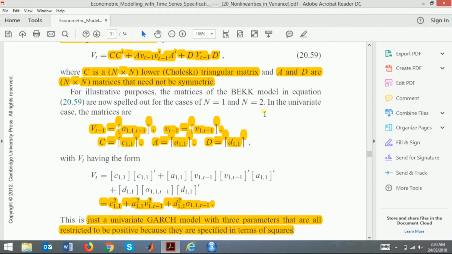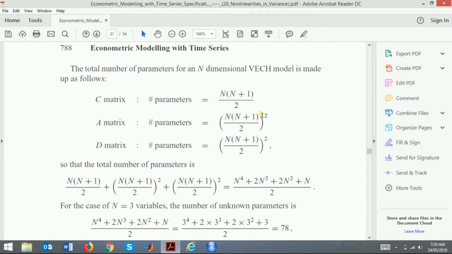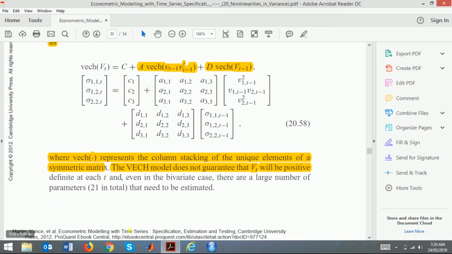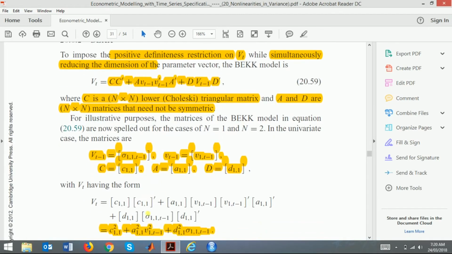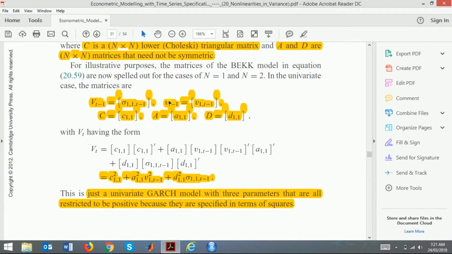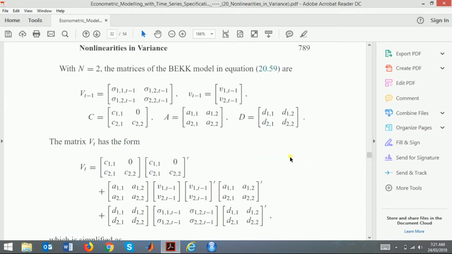From that huge number of parameters, instead of that representation, we have the univariate representation just using Cholesky, reducing the dimension. So this is how decomposition reduces the dimension. Concept used: decomposition reduces dimension. Beautiful, and no matter how high n is, you still get a univariate GARCH.